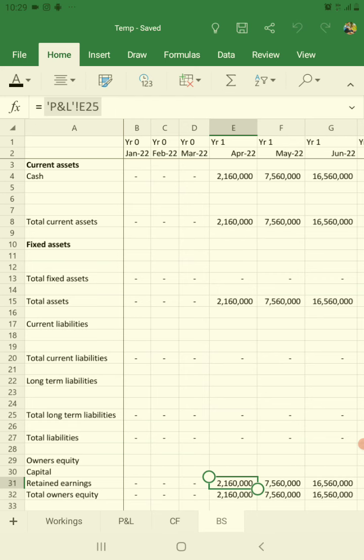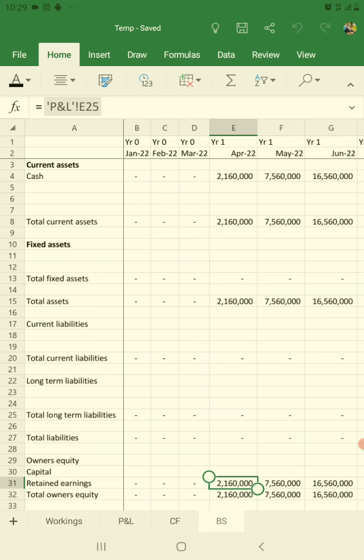You know, balance sheet is a stock. It captures the information about accounts as at a specific date, whereas profit and loss is a flow statement. It just accounts for the movement of items during a specific period of time, in this case during a month.